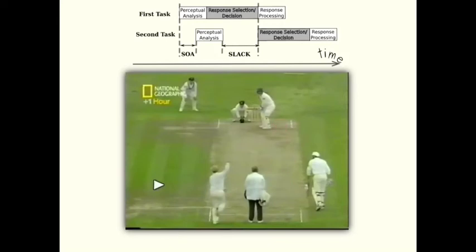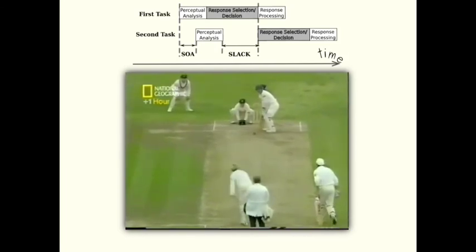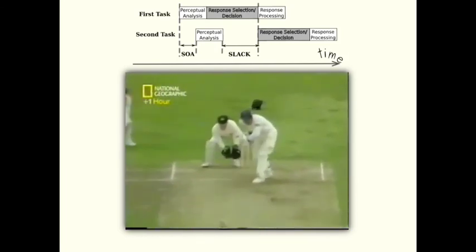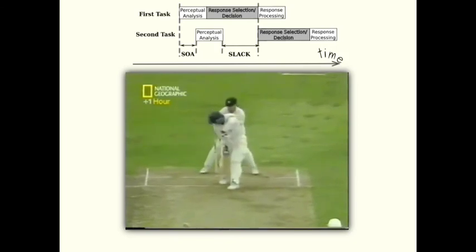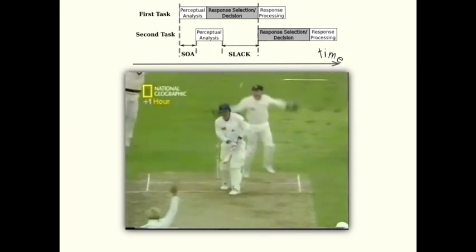Now, as the ball takes the spin off the ground, it changes, and we have stimulus 2. The batsman is still processing stimulus 1 before he has a chance to process stimulus 2. Let's watch it. Stimulus 1, response 1, stimulus 2, delay in reaction, psychological refractory period.